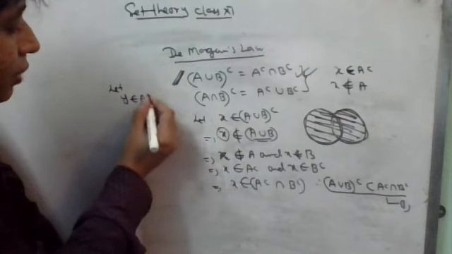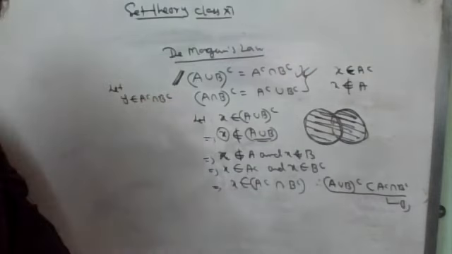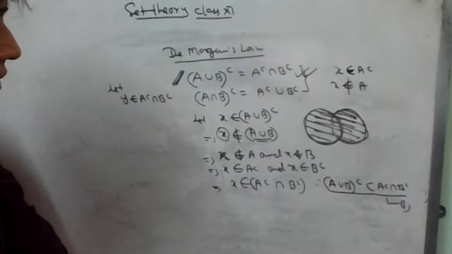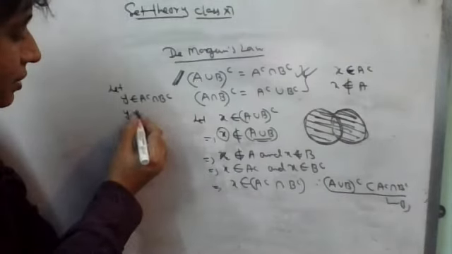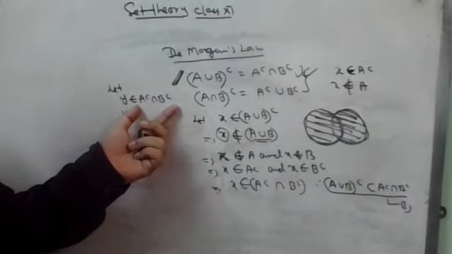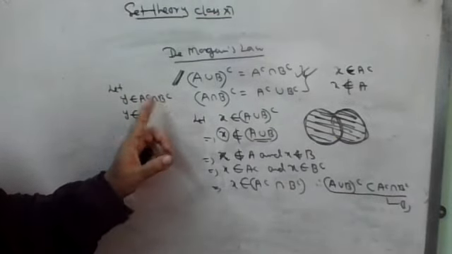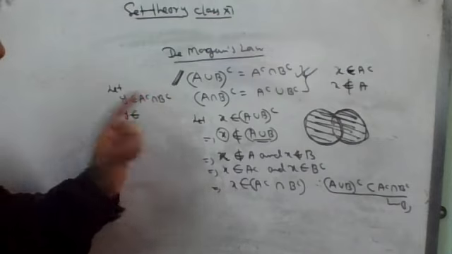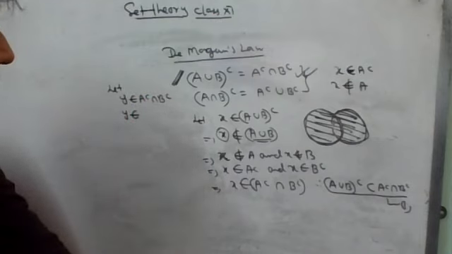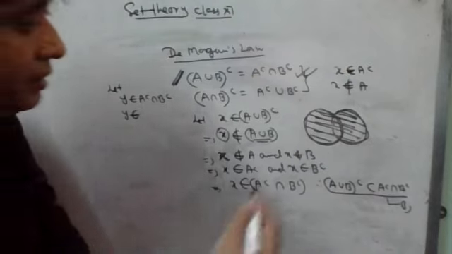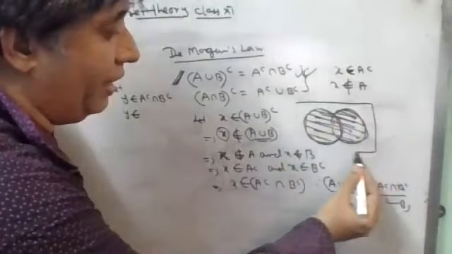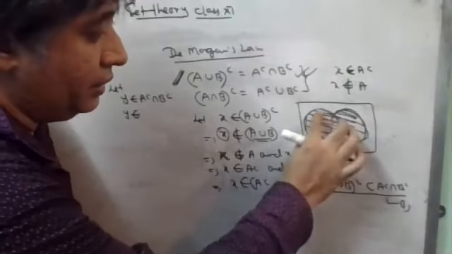Let Y belong to A complement intersection B complement. So by conception I can write, can you tell me by Venn diagram which part actually depicts A complement intersection B complement? See, which part actually is A complement? If I draw the Venn diagram, this part is A.